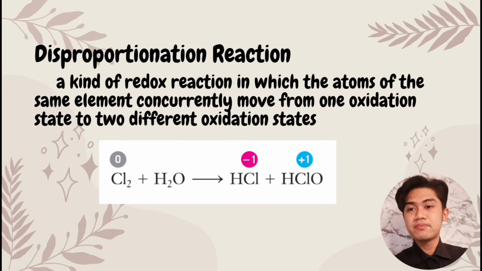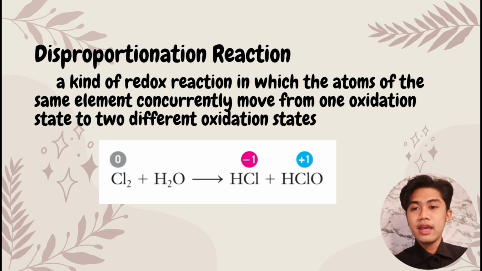Next is the proportionation reaction. Take a look at the picture. This proportionation reaction is essentially a form of redox reaction where the same element's atoms are simultaneously reduced and oxidized from one oxidation state to two separate oxidation states.